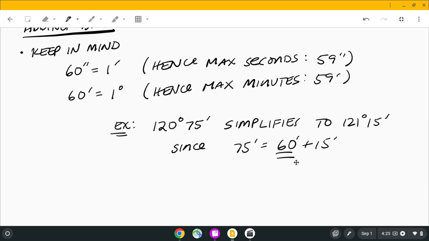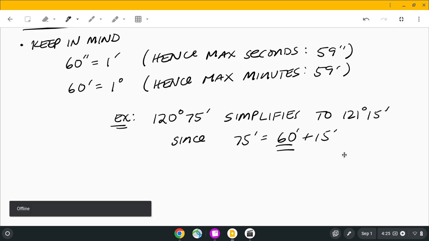I hope it does. Remember, the minutes cannot be more than 59, because once we hit 60, 60 minutes is 1 degree. We have 75, which is 60 plus 15. So 60 is equivalent to 1 degree, and that's why it goes here. But we still have the 15 minutes, which is why we have 15 here.